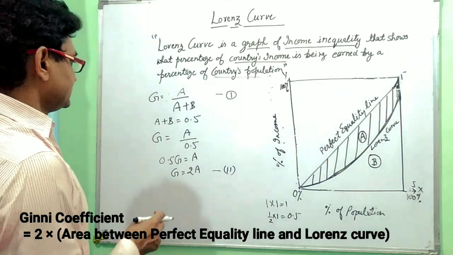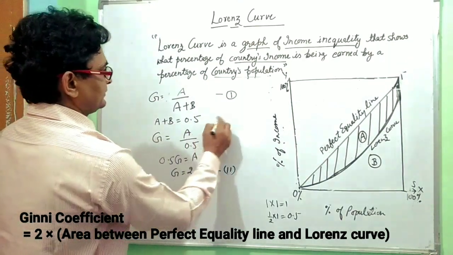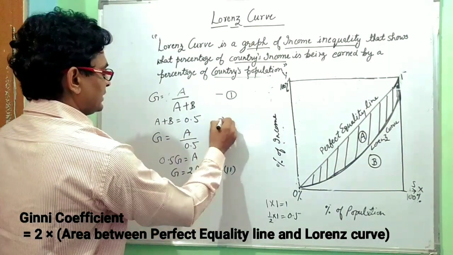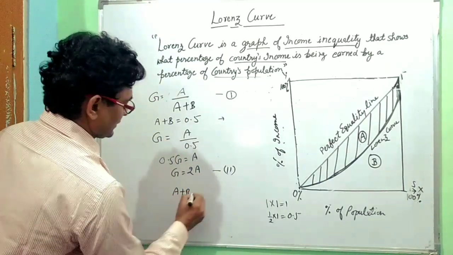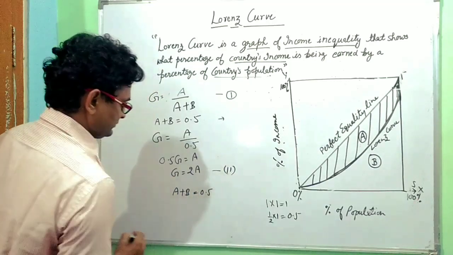Now here in this equation, A plus B equal to 0.5.